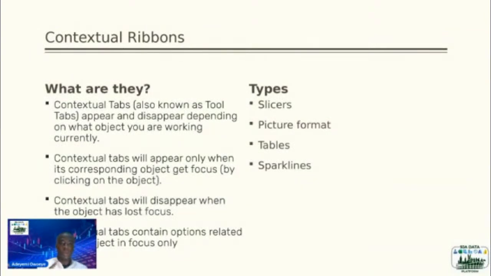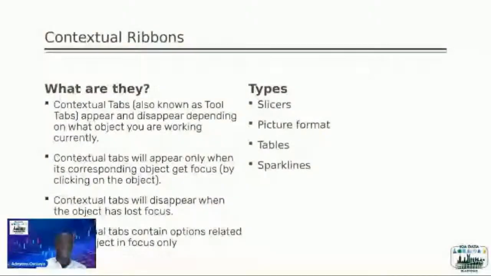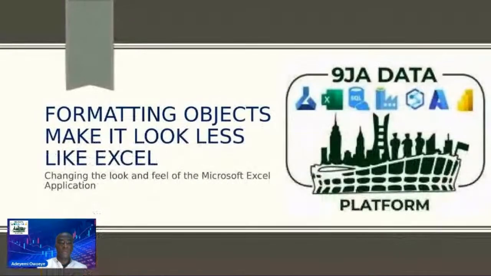They appear and they disappear. Types of them are the slicers, the picture format, the tables, and the sparklines. Apologies, I'm rushing a bit, but we have a whole lot of ground to cover. When we have our practice sessions, we'll take them one by one. This is just a mere introduction, but when I'm preparing my demo, you will all see it from that.